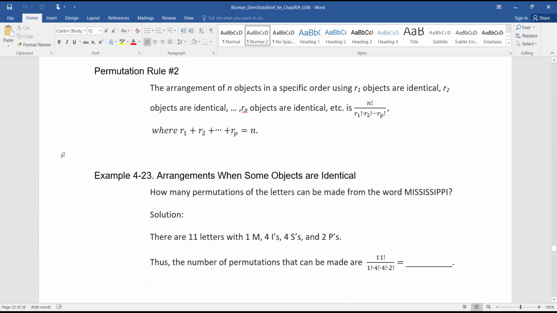So in the permutation number 2 rule, the arrangement of n objects in a specific order using R1 objects as the identical, R2 objects identified as R2 objects identical, etc. I can now do n factorial divided by however many options there are for the first one factorial times however many options there are for the second factorial times how many options for the next one, and so on and so on. Knowing that all the options I have all add up to the total amount.